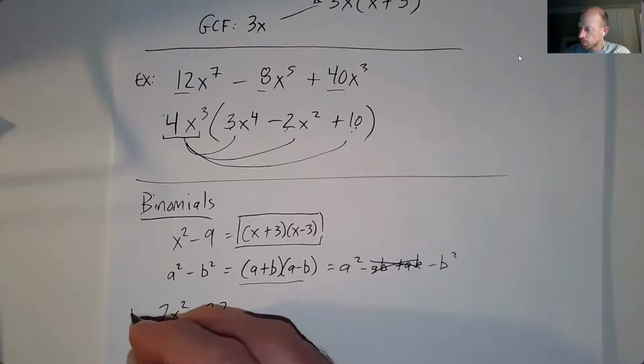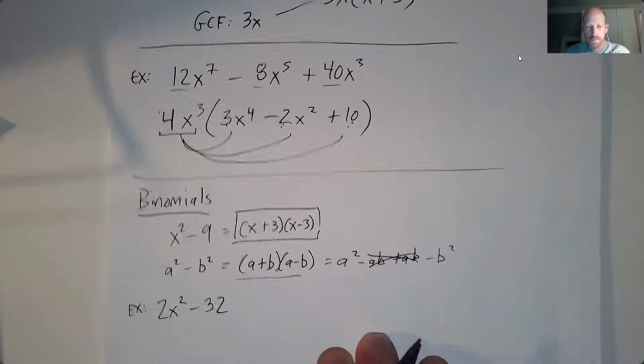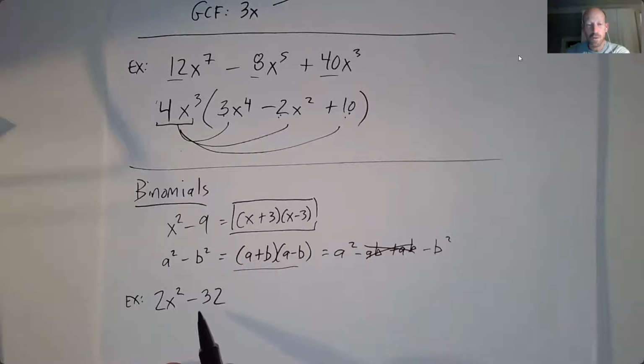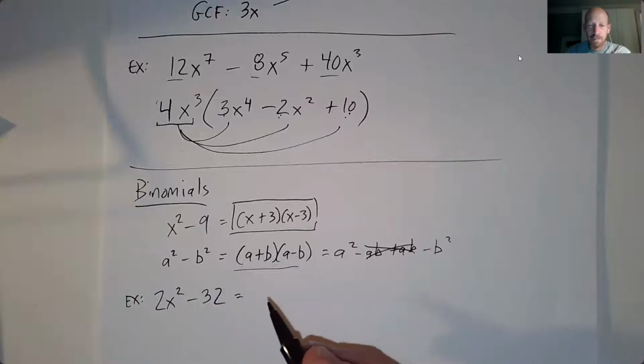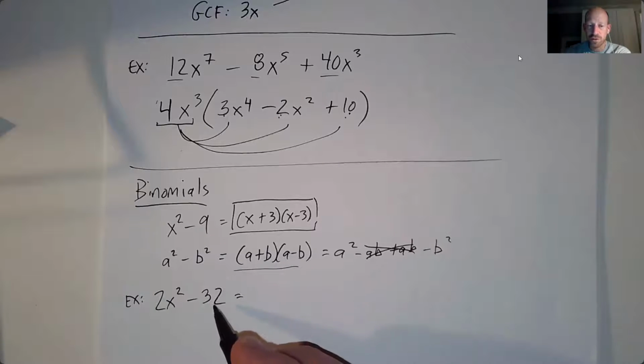Here's a different example. So when we look at this one, you want to see two terms again, just like the last problem, but it's not the difference of squares right now. 2x squared isn't a perfect square because of the 2 there. But we notice there's a 2 in both of these terms.